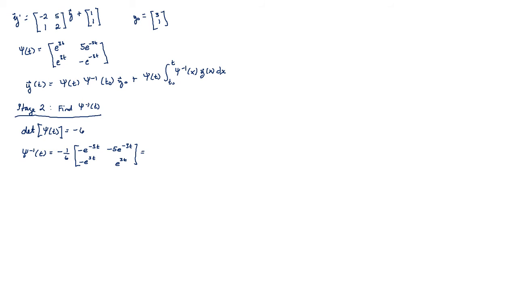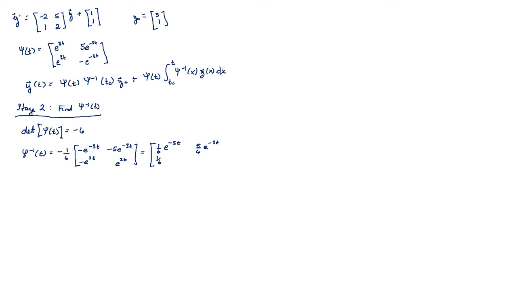So now all we have to do is go in here and distribute our minus 1/6 power. So psi inverse, the first element is going to be 1/6 e to the negative 3t. The second element is going to be 5/6 e to the negative 3t. In the second row, the first element is going to be 1/6.